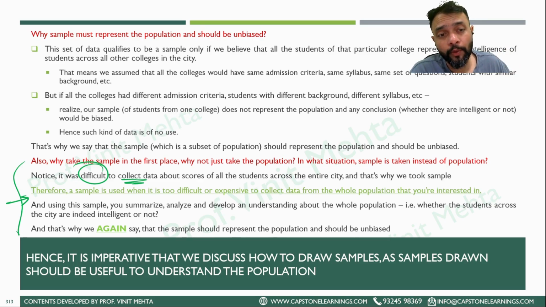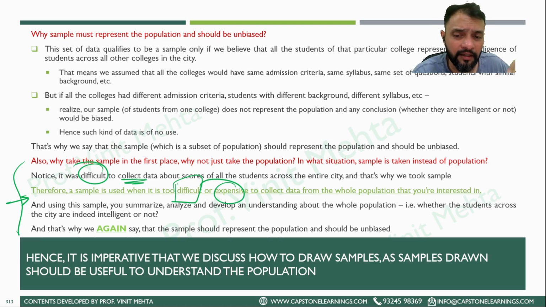In India, there could be 10 colleges, but across the world, there could be 10,000 colleges. Can I say it will be very difficult for us to collect the data? Not just that, let's say I make a determination that I will collect the data of all the colleges in the world. Can I say it will be very difficult and expensive? So in this case, it makes sense that we use sample rather than collecting the data.